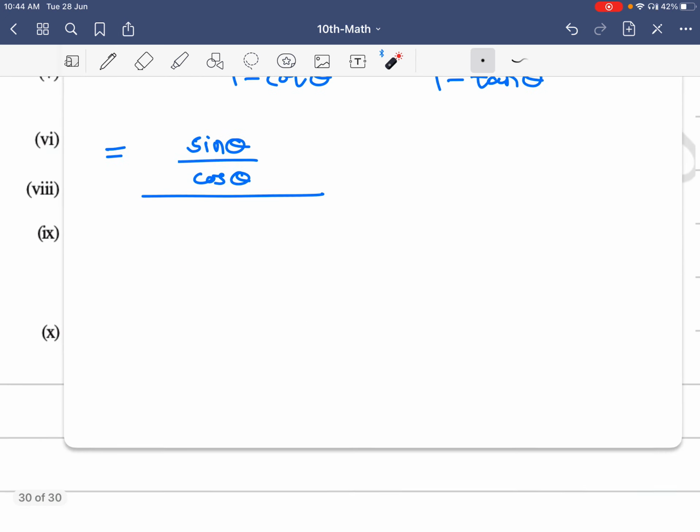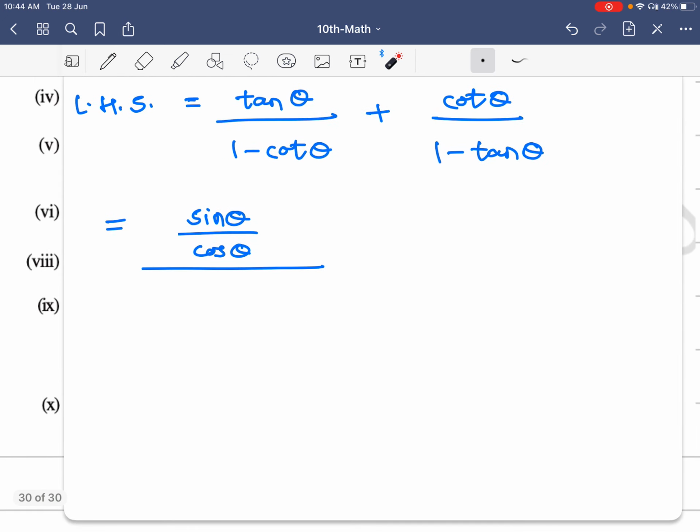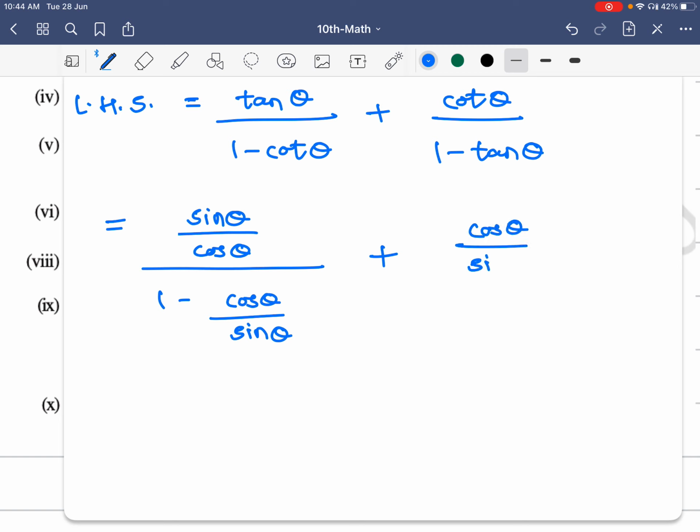Okay, so tan theta is sin theta upon cos theta, and cot theta is cos theta upon sin theta. Okay, plus again cos theta divided by sin theta the whole upon 1 minus sin theta upon cos theta.